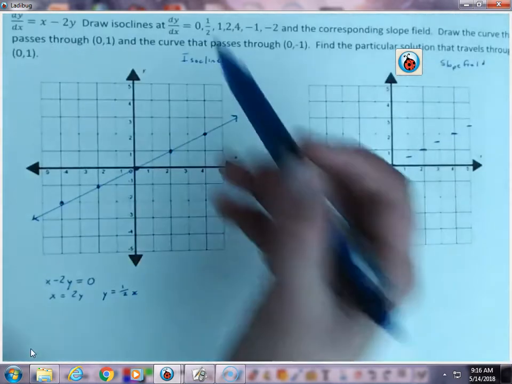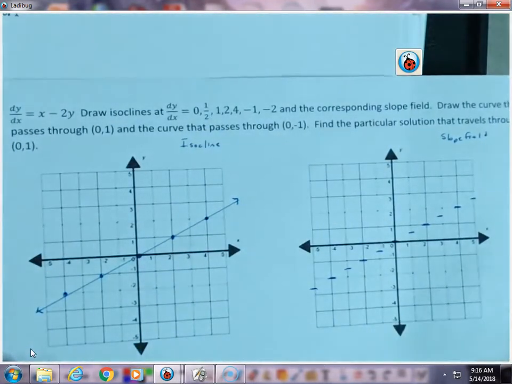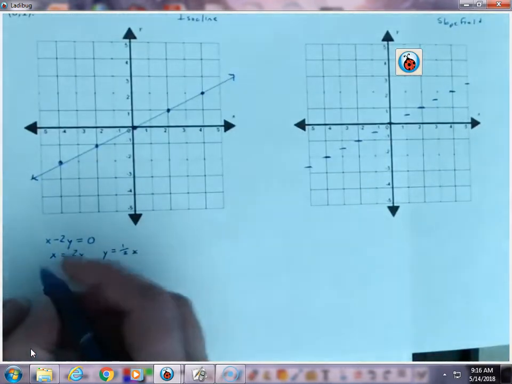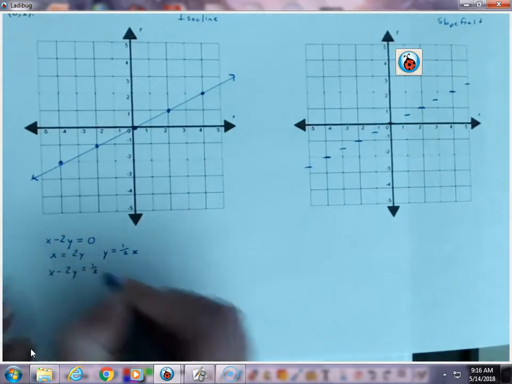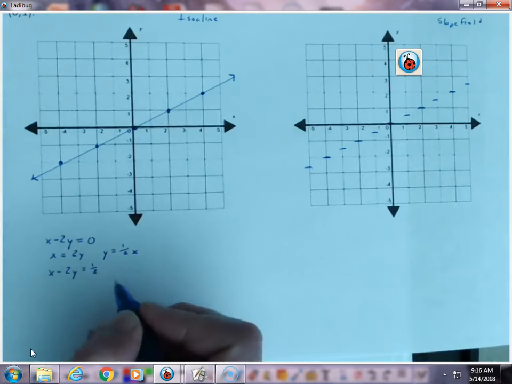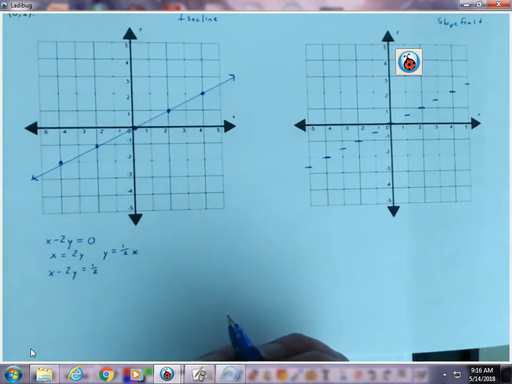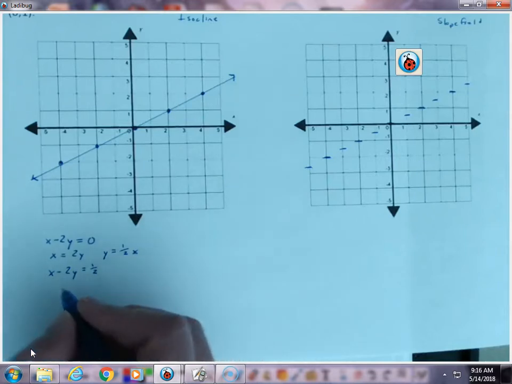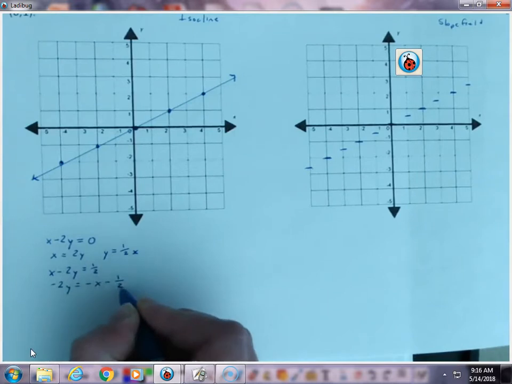Okay, so the next one I'm going to find out is all the places where the slope is equal to a half. Okay, so set the derivative, which is x minus 2y, equal to a half, and we're going to solve that for y. So tell me what you would like me to do. All right, move the x over, would look like that.